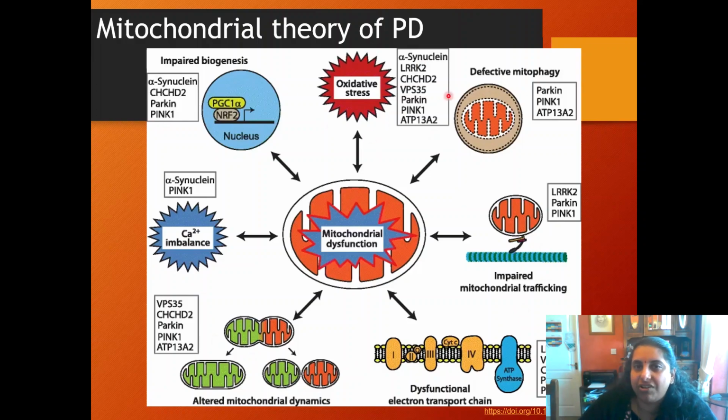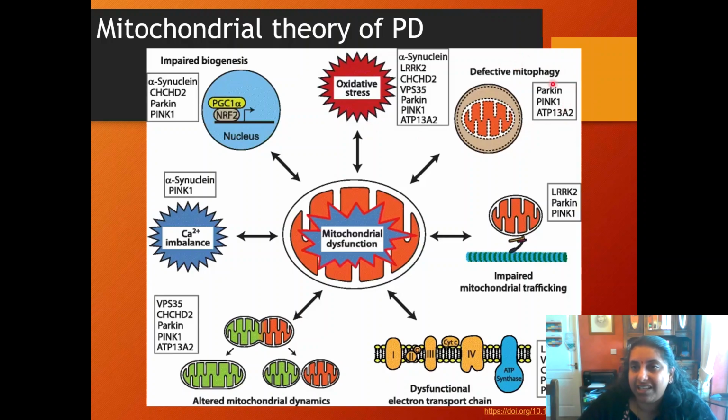So, as I said, oxidative stress kind of fits into the mitochondrial dysfunction because mitochondria are one of the main sources of reactive oxygen species in cells. So a lot of these individual genes that are thought to cause Parkinson's disease are associated with oxidative stress.